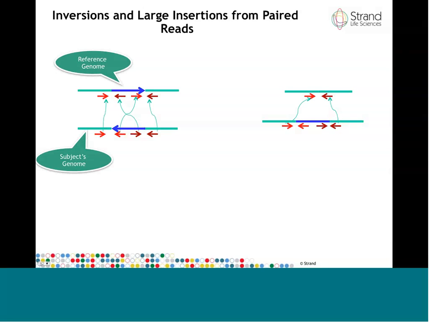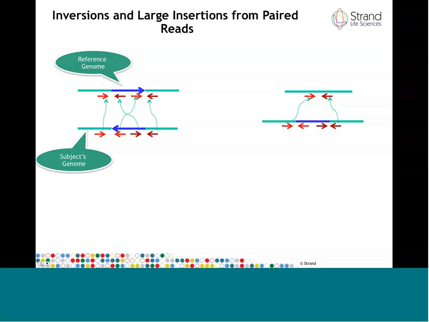But its mate is now mapping all the way to the right end of this blue region because of the inversion. The read was generated from the left end of the blue region in the subject genome, but because of the inversion, it maps to the right end of that region in the reference genome.